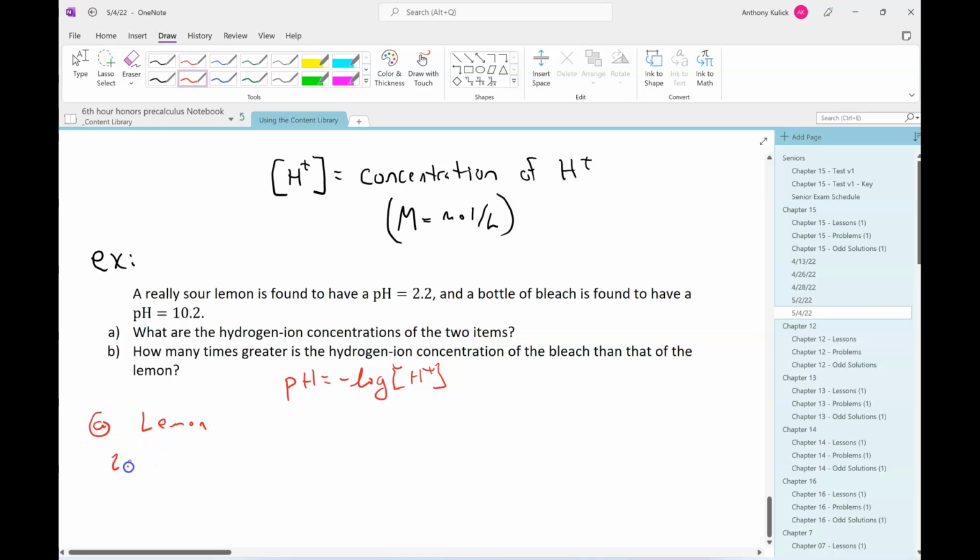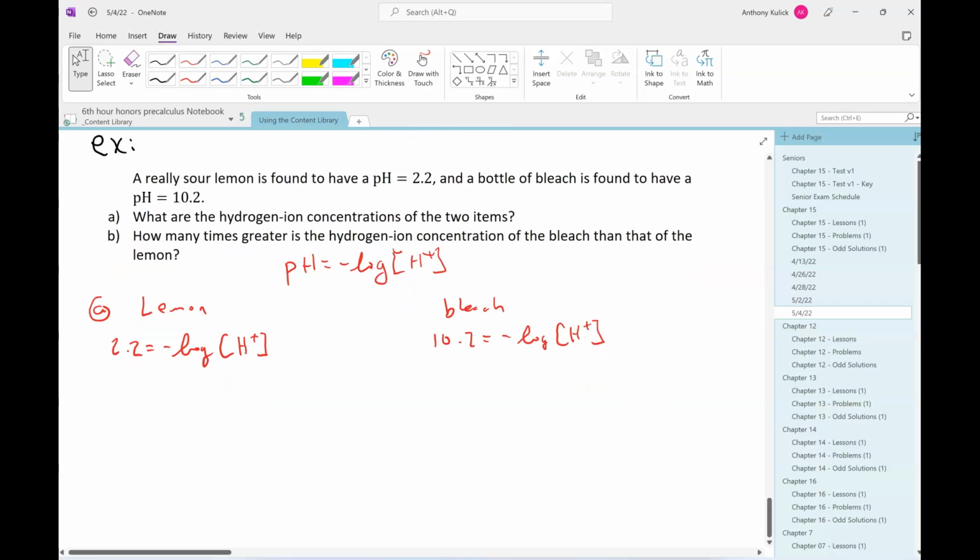So for the lemon, we'd say 2.2 equals negative log of H plus. And then for the bleach, we'd say 10.2 equals negative log H plus. Cool beans so far? To solve those equations, first thing I should do is divide by -1 or multiply by -1 or just move the negative sign over, however you want to say it.